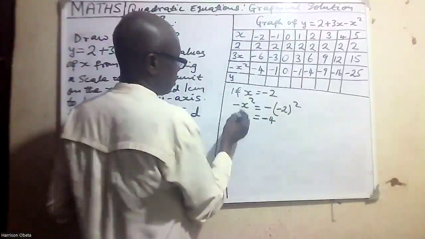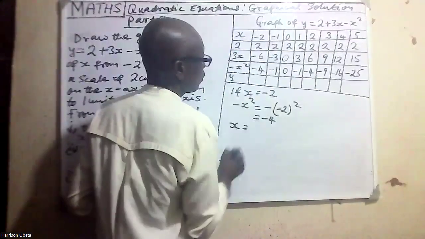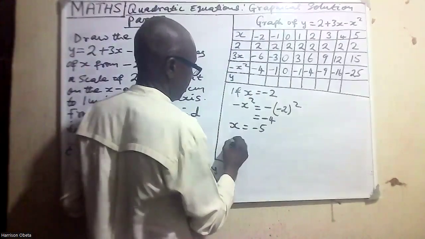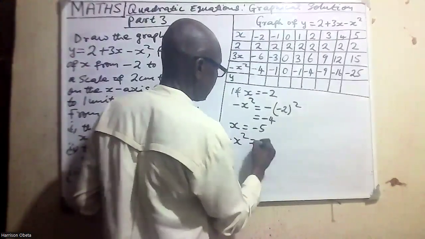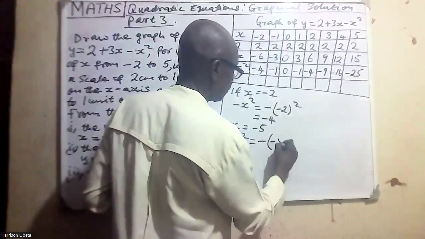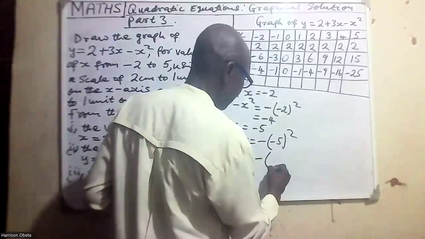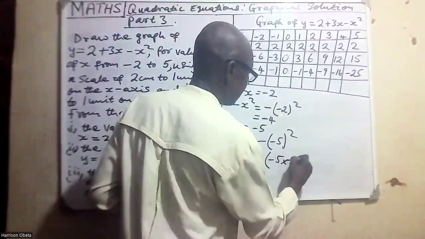Let me repeat. If x equal to minus 5, for instance, minus x squared is the same thing as minus bracket minus 5 squared, which will give you minus bracket minus 5 times minus 5.